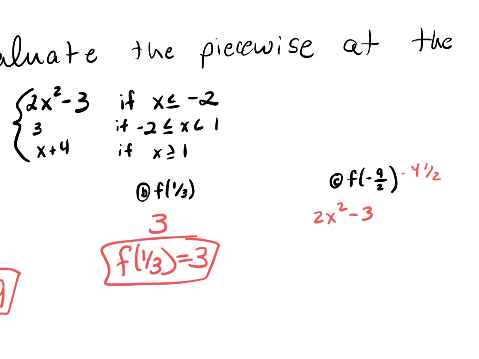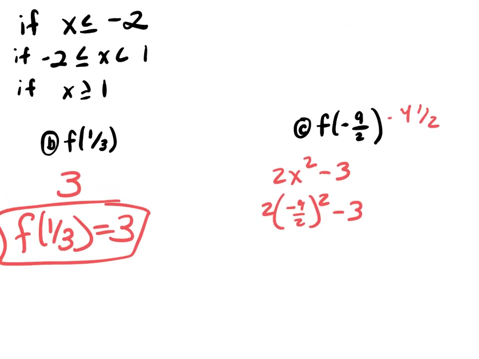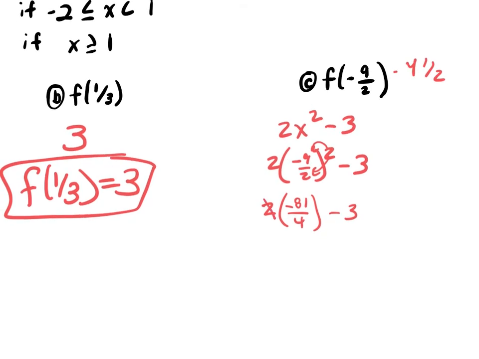So plug in negative 9/2. So I have negative 9/2 squared. Is it plus 3 or minus 3? When you square a fraction, guys, that exponent goes where? To both the top and the bottom. So this is negative 81/4 minus 3. I can cancel here. So I have negative 81/2.